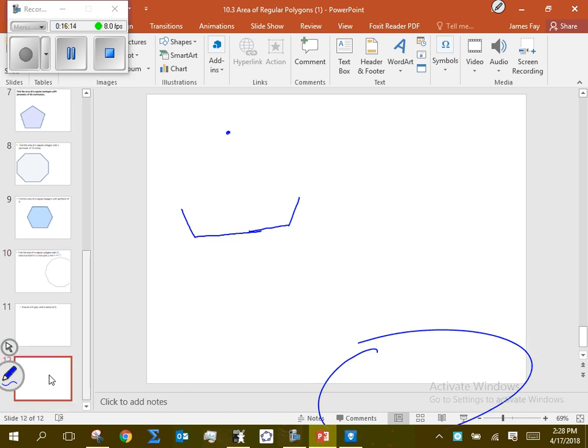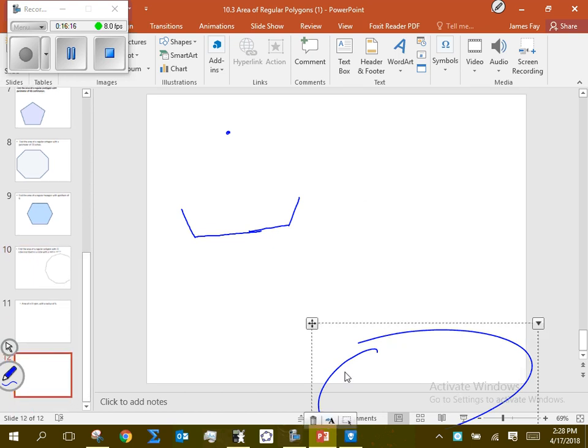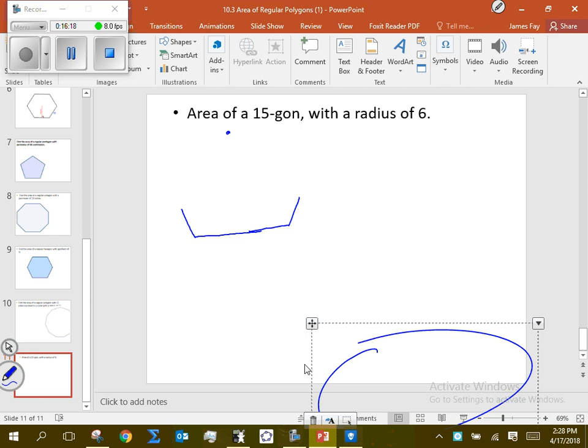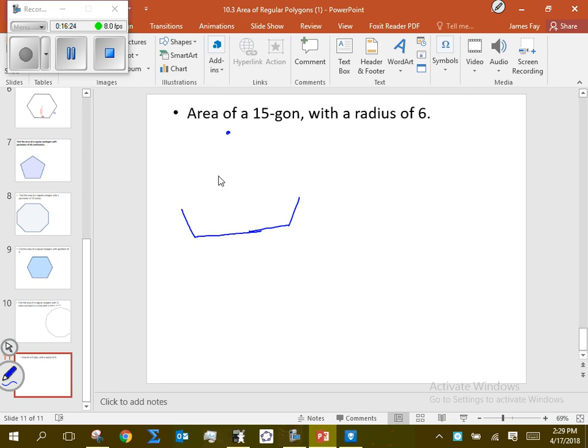So every one of these shapes, no matter how big it is, no matter how many sides I have, at some level of zooming will have that base, right? And in all of these, we've been taking that segment, which is our apothem, and cutting it in half, or cutting the base in half, or drawing a triangle.